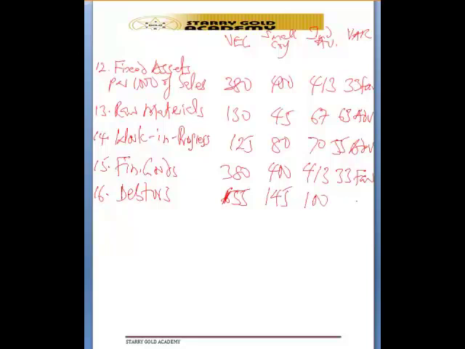The difference is 55, and that 55 is adverse, in the sense that the debtors of VEL is above the industrial average.